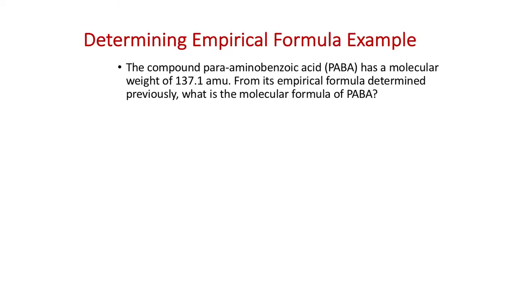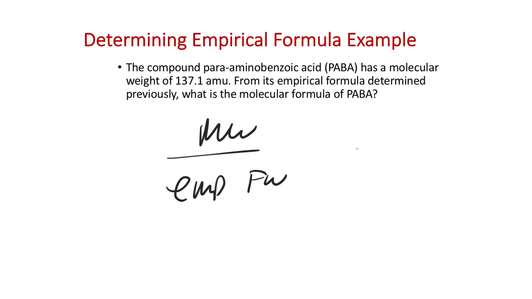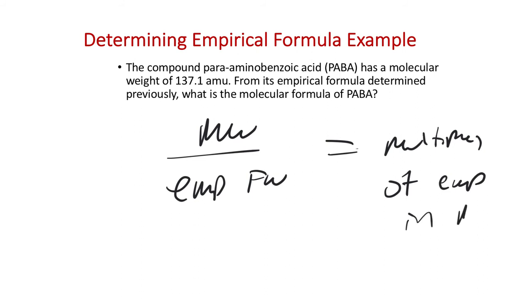In a second experiment, if we could determine that the molecular weight of the compound is actually 137.1, then we take the molecular weight that we find for the compound and divide it by the empirical formula weight. And this is going to give you the multiples of the empirical formula in the molecular formula.